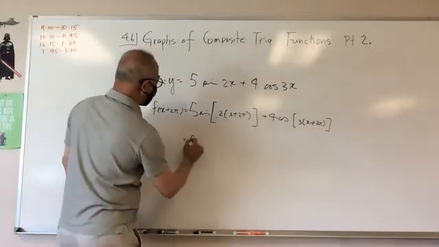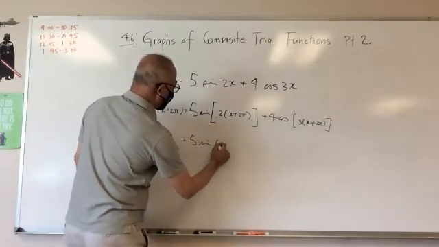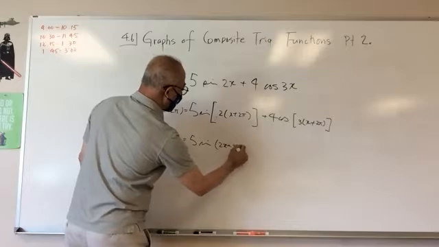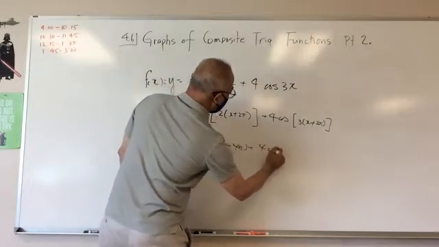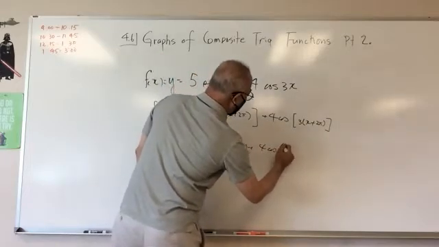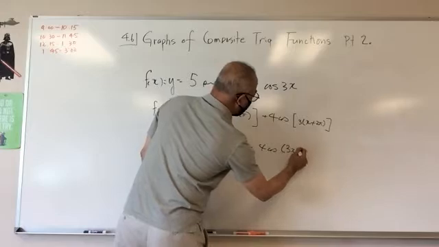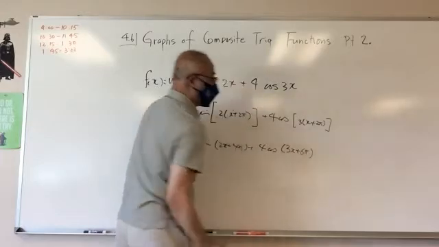Which becomes 5 sine 2x plus 4 pi, plus cosine 3x plus 6 pi, right?